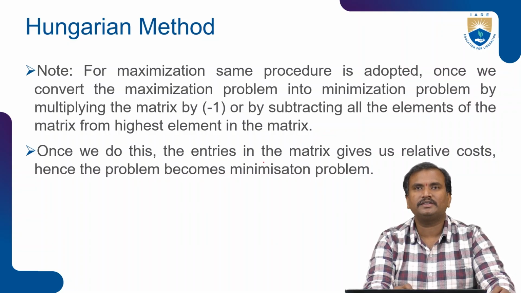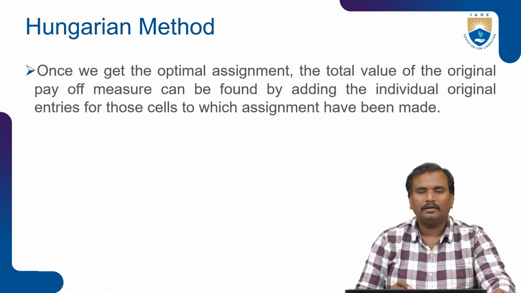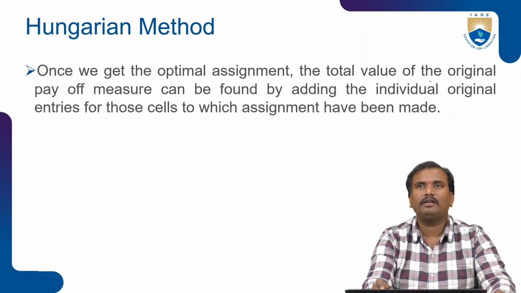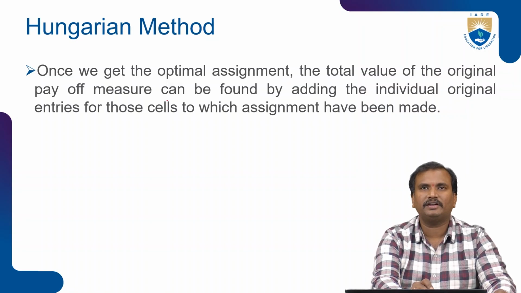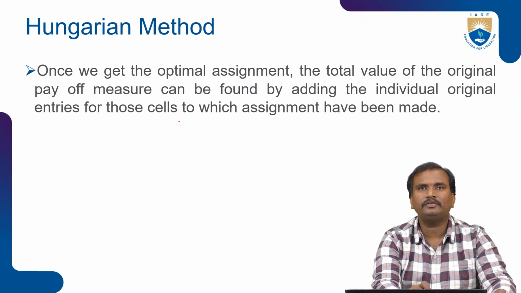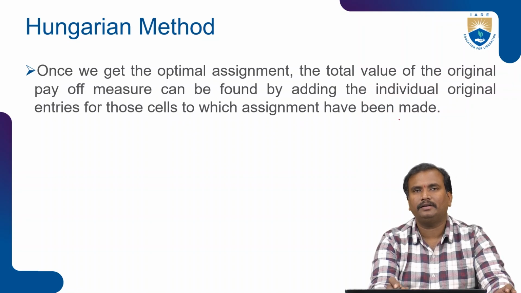Once we do this, the entries in the matrix give us relative costs, hence the problem becomes a minimization problem. Once we get the optimal assignment, the total value of the original payoff measure can be found by adding the individual original entries for those cells to which assignment has been made.